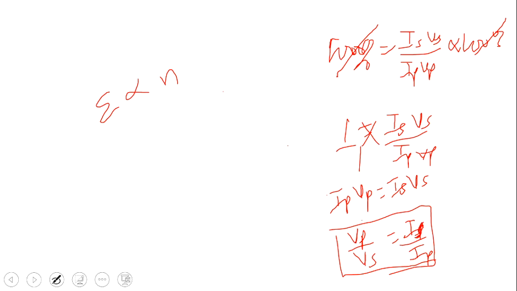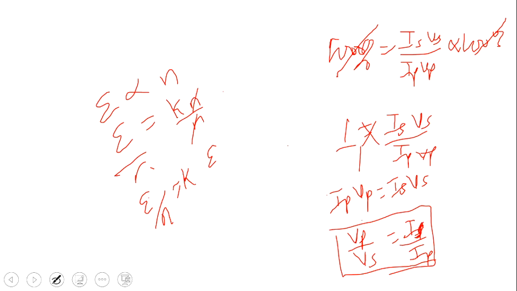So I can have E equal to KN, assuming K is my constant. Divide both sides by N, and the N's cancel each other. I can have E over N to be constant. So if I'm using primary and secondary, that will be EP over NP equals ES over NS. That's what I'm going to have.